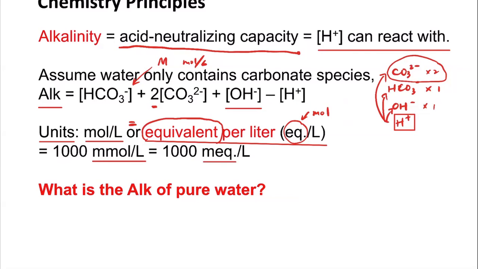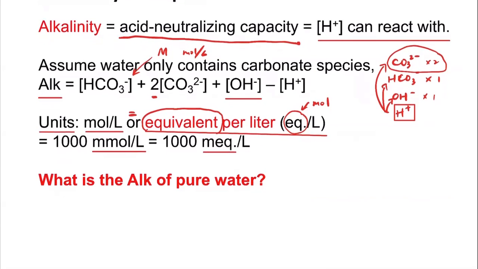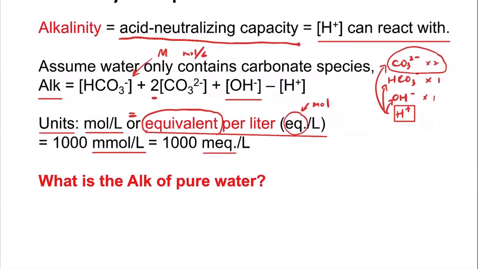So based on this definition, if I ask the question, what is the alkalinity of pure water? With this equation, that water doesn't have any other ions other than hydrogen and OH ion. So what's going to be the answer if I raise this quiz here?